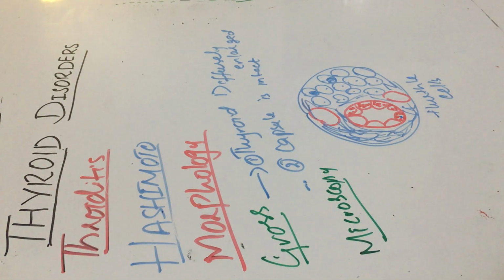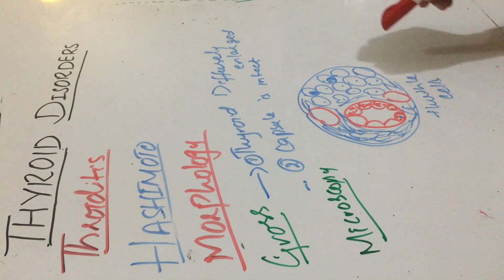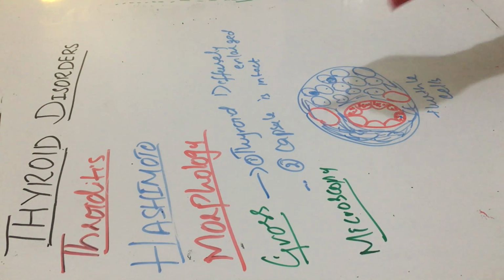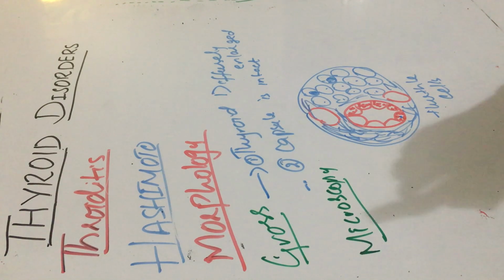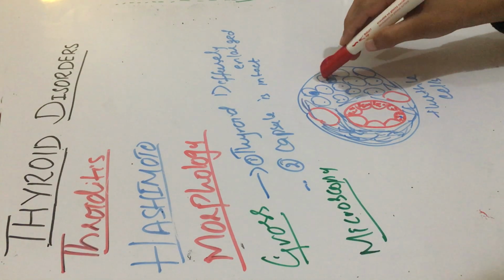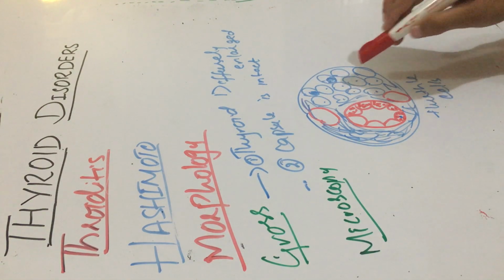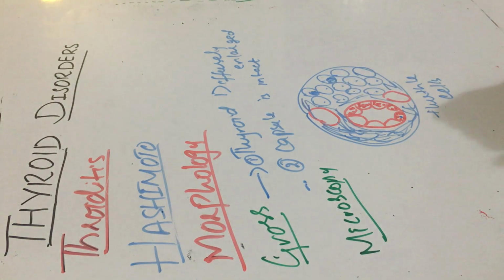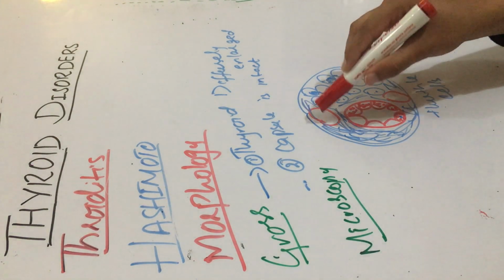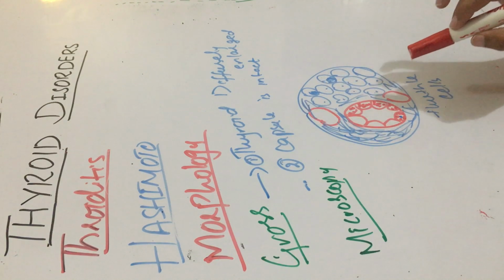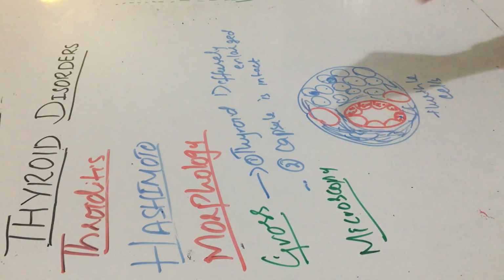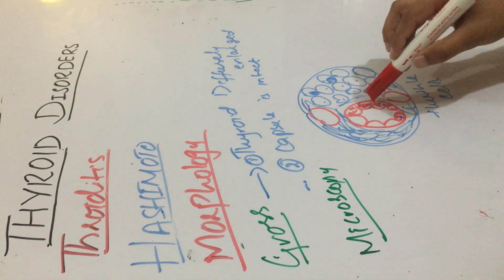While on microscopy, there would be extensive infiltration of parenchyma by mononuclear inflammatory infiltrates like small lymphocytes and plasma cells, and well developed germinal centers would be present. Thyroid follicles would become atrophic and be lined by epithelial cells known as Hurthle cells.